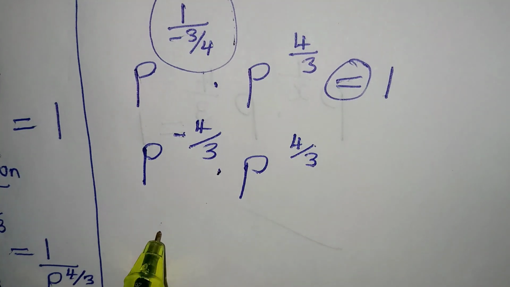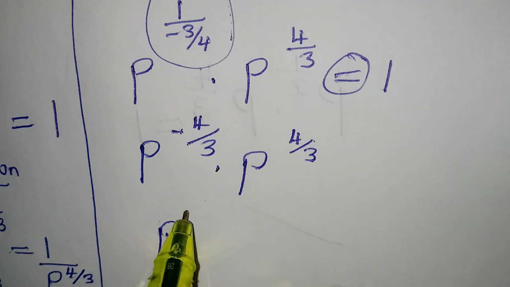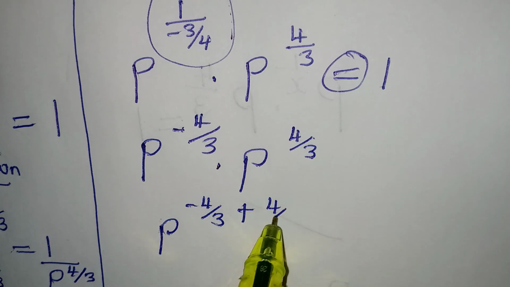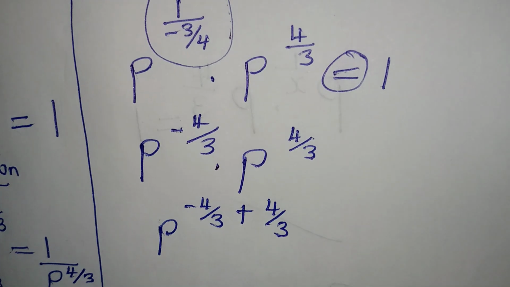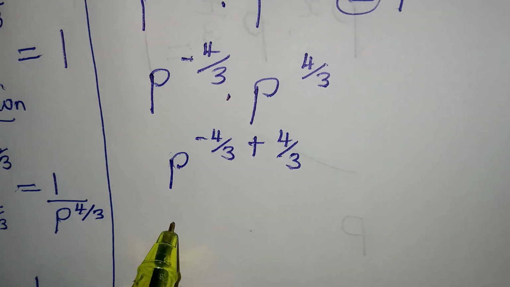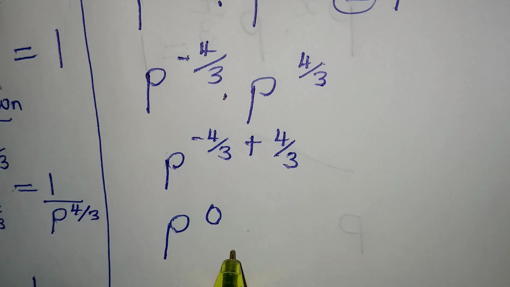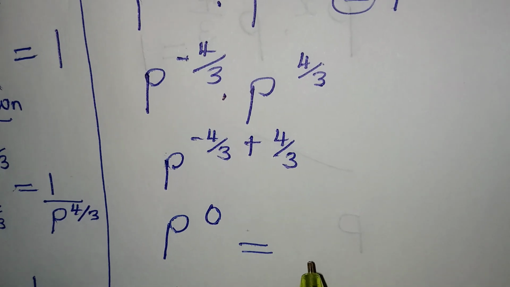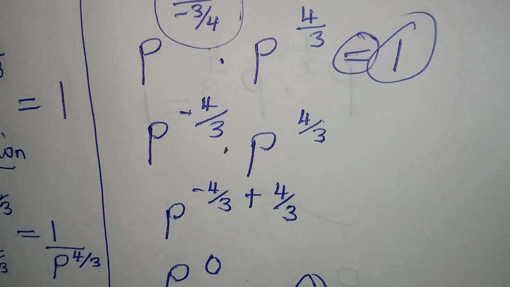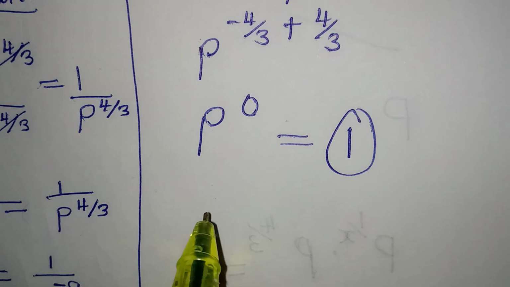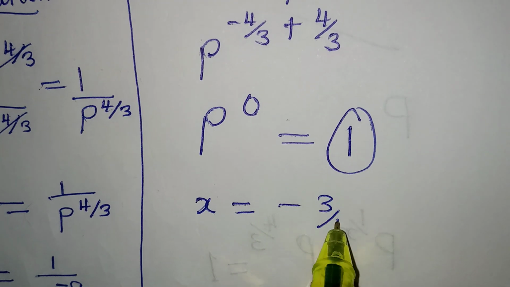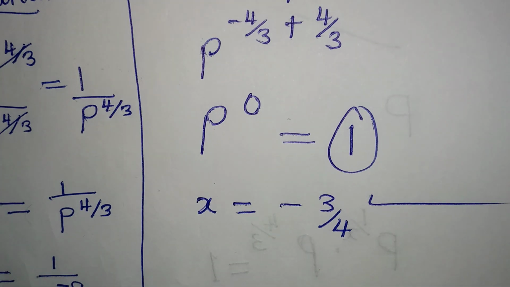We pick one of them and add the powers: minus 4 over 3 plus 4 over 3 gives 0. This means we now have P to the power of 0, and any number to power 0 is 1, which is what we are looking for on the right. So this confirms that x equal to minus 3 over 4 satisfies the given equation.